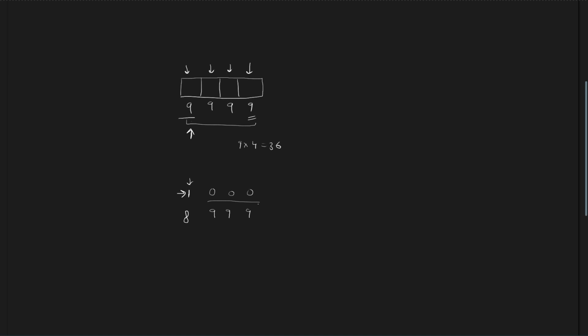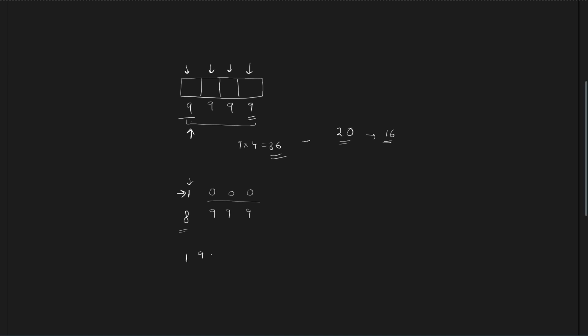Now, our current sum initially is 36, and for example I want to make it 20. It is very easy for me to form. The current difference is 36 minus 20, which is 16. I want to reduce the sum by 16. For the first digit I can reduce it by 8, so I'll reduce it by 8.